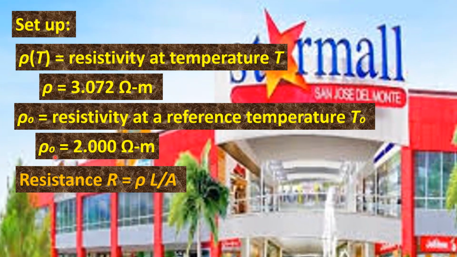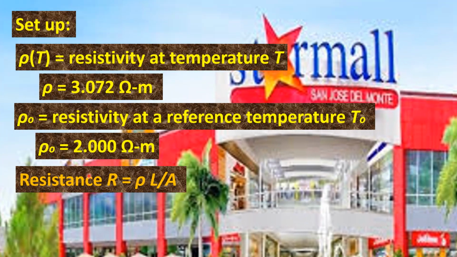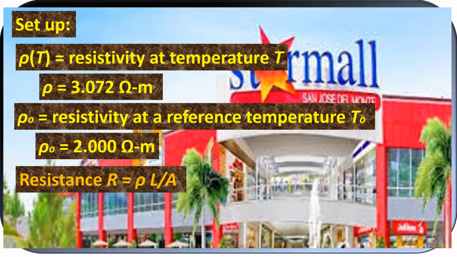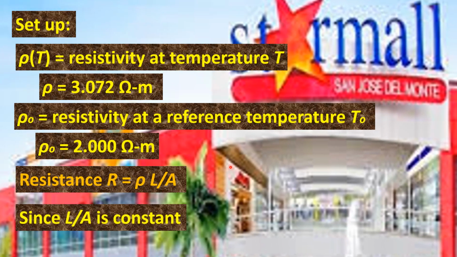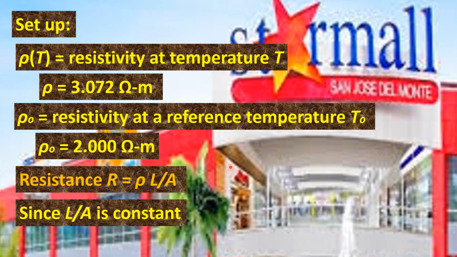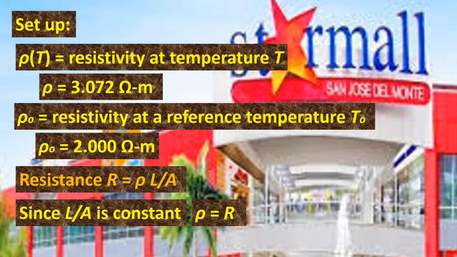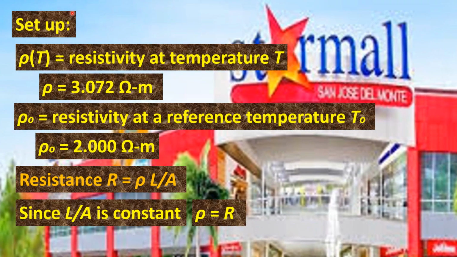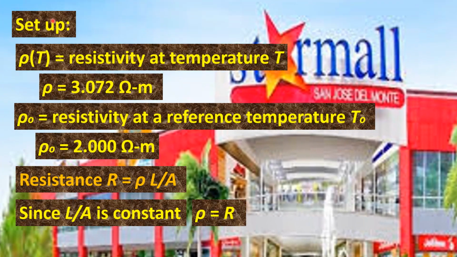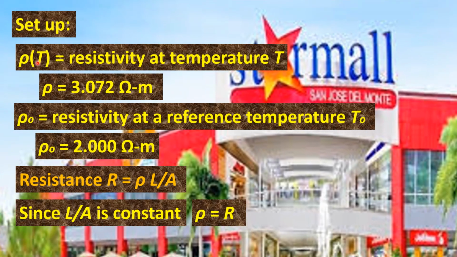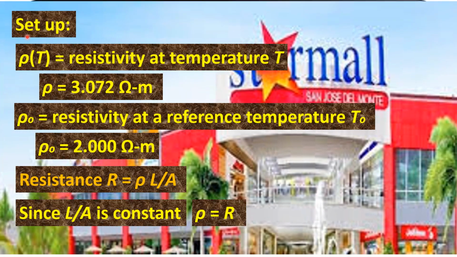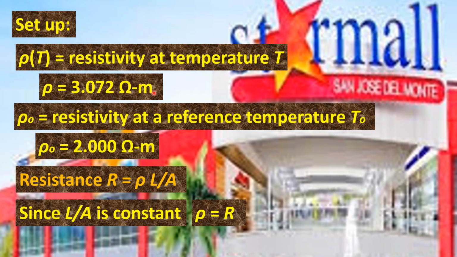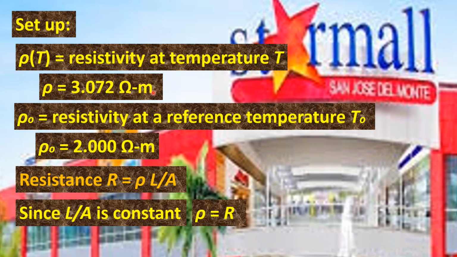So with L over A being constant, it follows that the resistivity rho is just equal to the resistance big R. And that is the basis for getting the value of rho at that temperature capital T. Notice that the unit of rho is ohm meter.